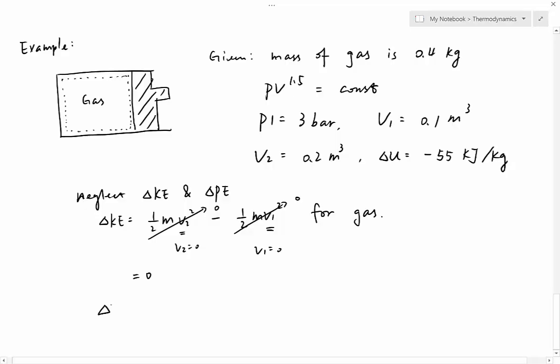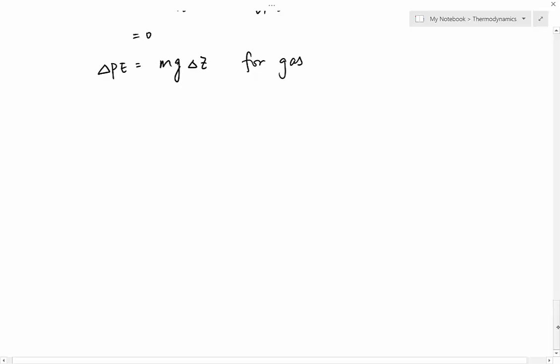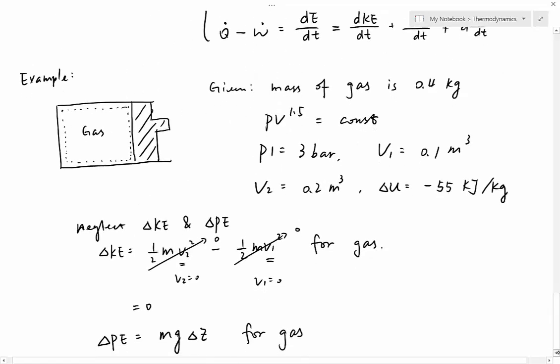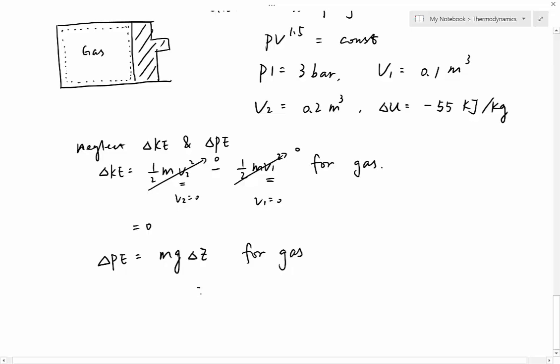What about delta PE? Do you think it's reasonable for us to neglect delta PE? What is delta PE? mg delta z. Delta z is the change of height, and this is for gas again. And what is delta z for gas?